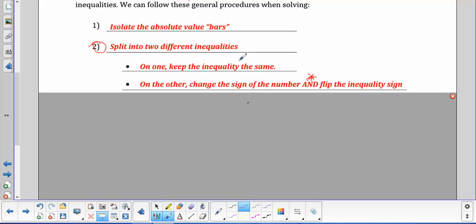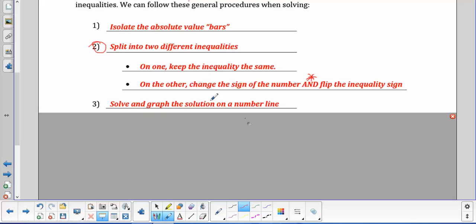So not only are we changing the sign to negative, we're going to flip the inequality and then go from there. Just as with equations, you're going to get two inequalities, and we're going to solve each one individually, and that's your last step. Solve and graph the solution on a number line. Step number 3, we've done this multiple times. Regardless of what it looks like, that's going to be your last step every single time.